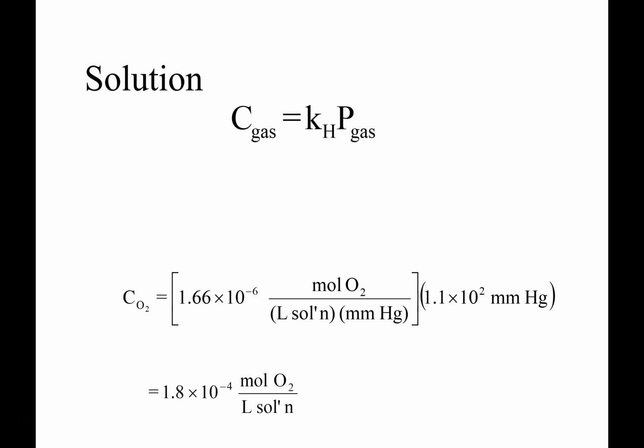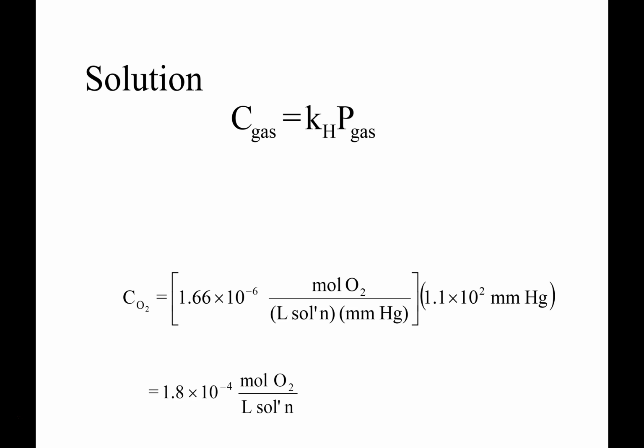All right. So now we need to remember what parts per million mean. Well, in dilute aqueous solutions, parts per million are approximately equal to milligrams per liter.